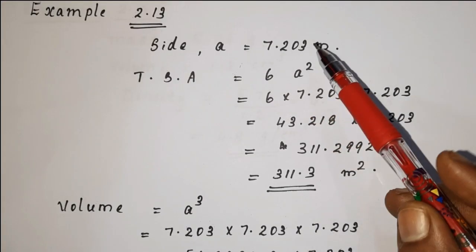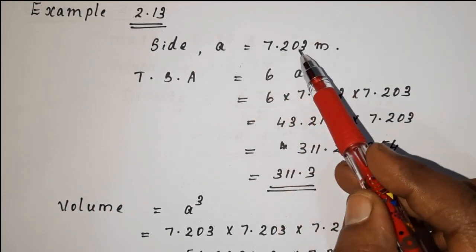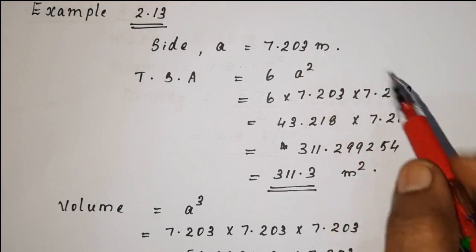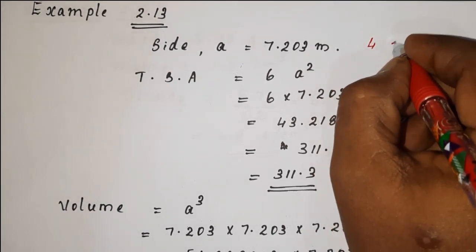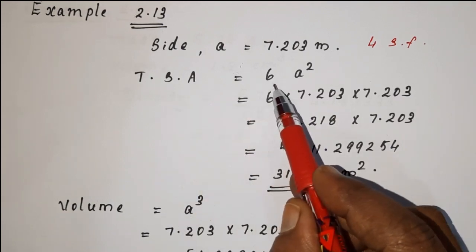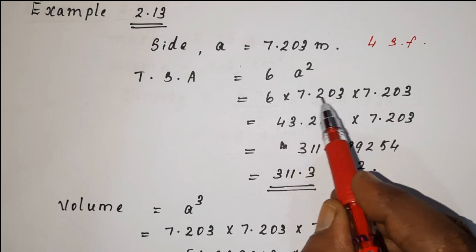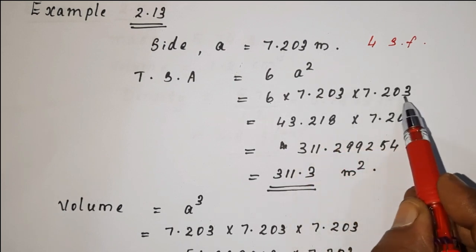So side a is equal to 7.203 meters. So there are 4 significant figures. Now total surface area is 6a square.